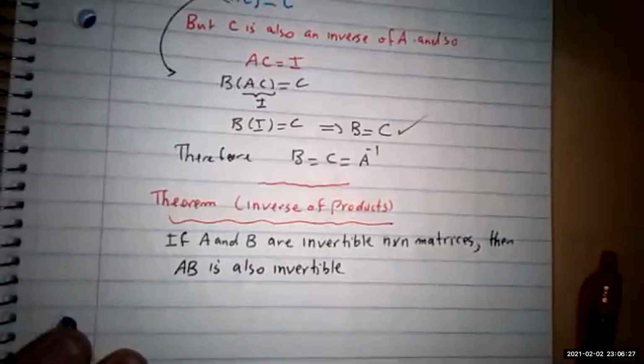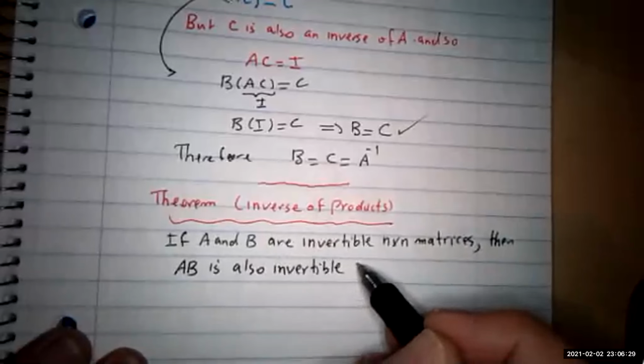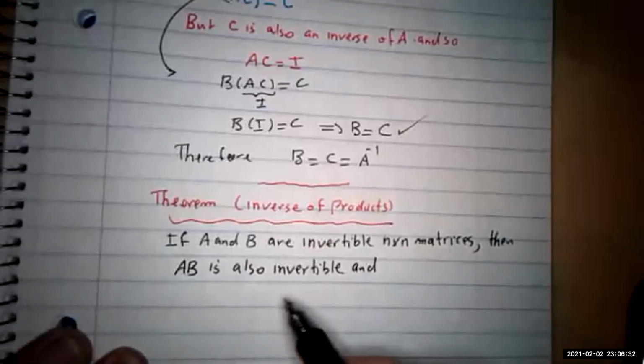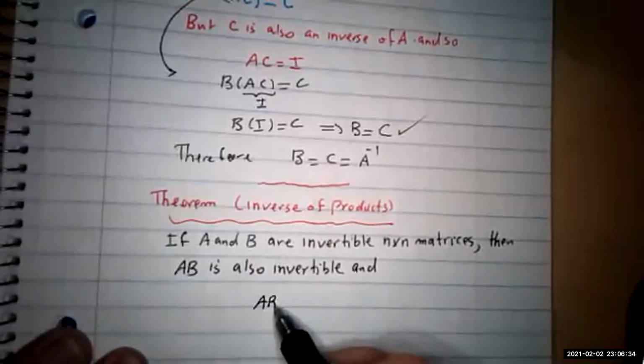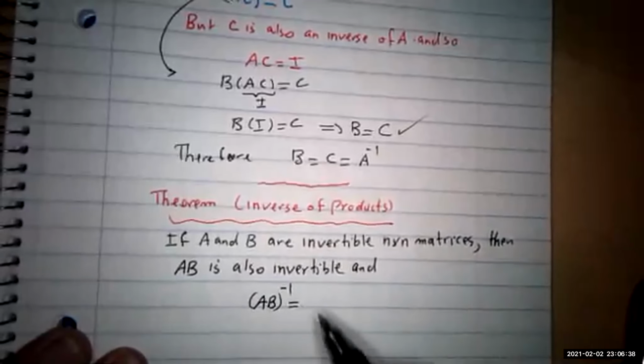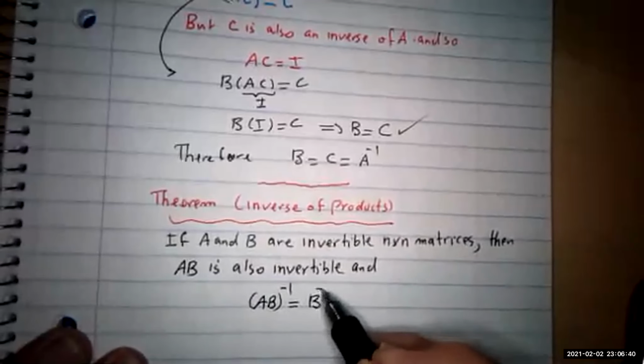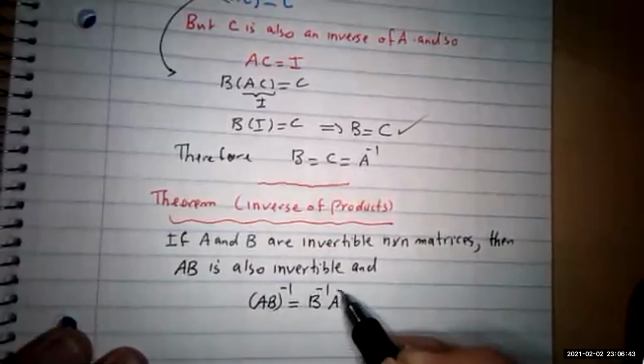And in fact, this is how we're going to find the inverse. If you want to find the inverse of AB, it's like the transpose: it is B inverse times A inverse.